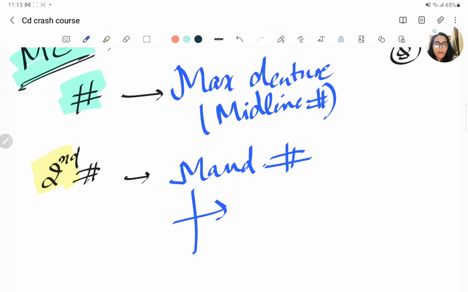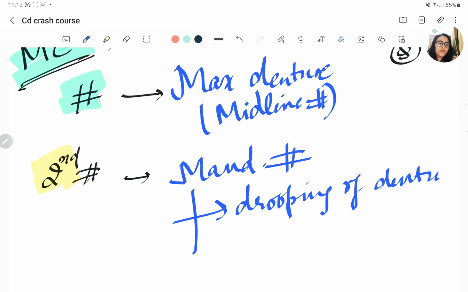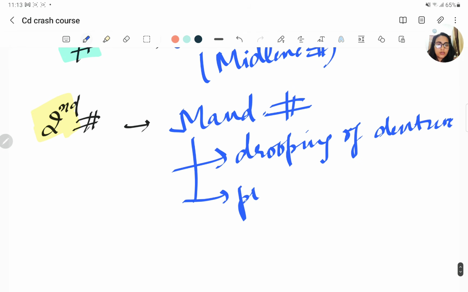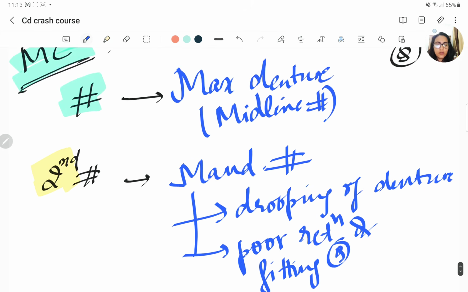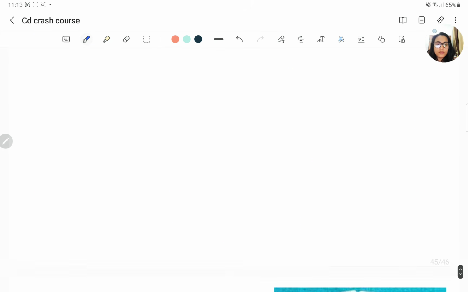And the most common reason being dropping of the denture, which is 53%, and poor retention of the denture, because the mandibular ridge resorbs faster, so there is poor retention of the mandibular denture and poor fitting of the mandibular denture, which is more frequent, and that is the common reason for the fracture of the mandibular denture.